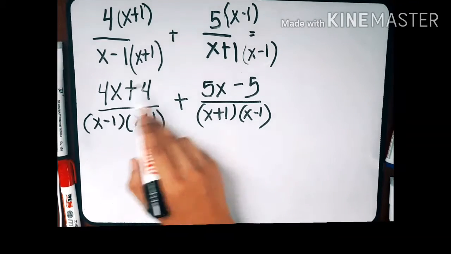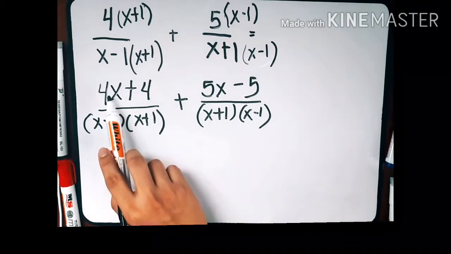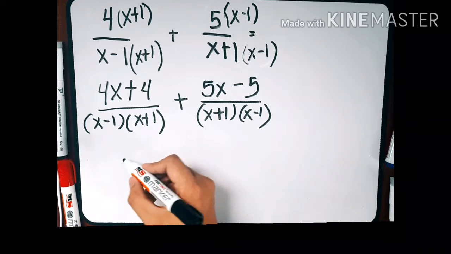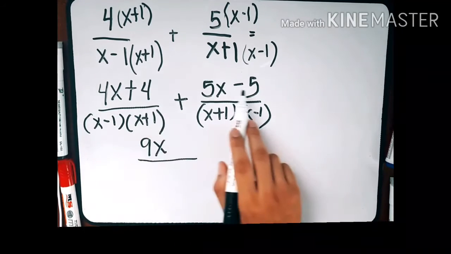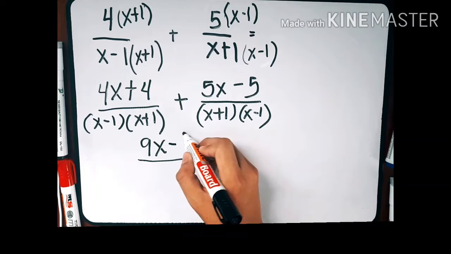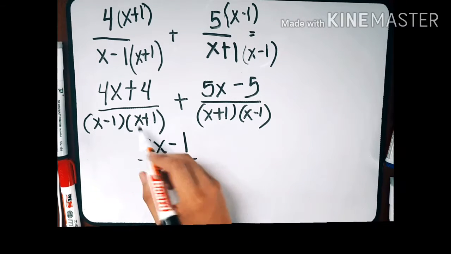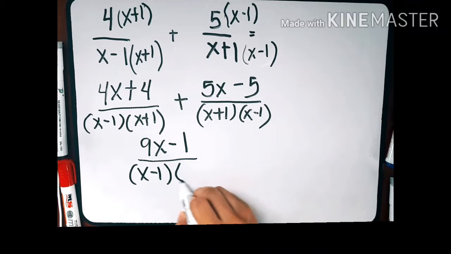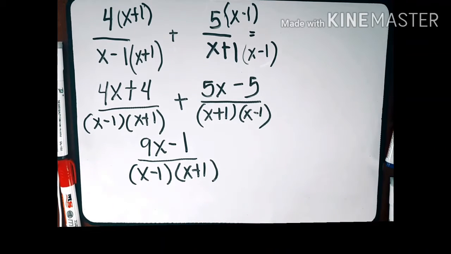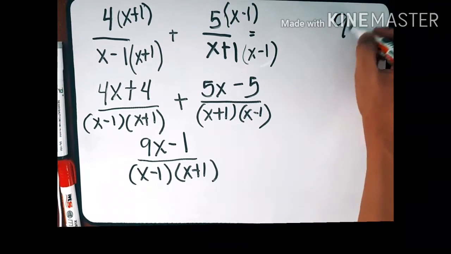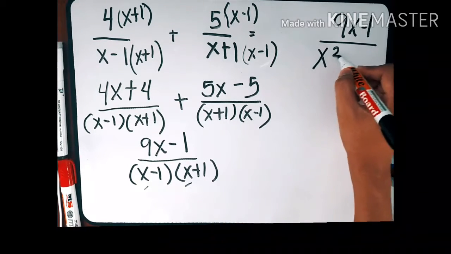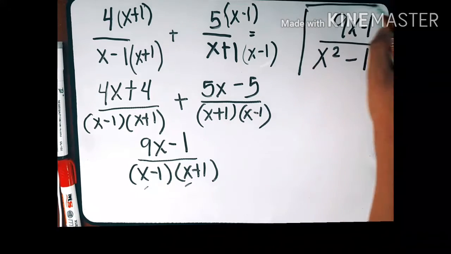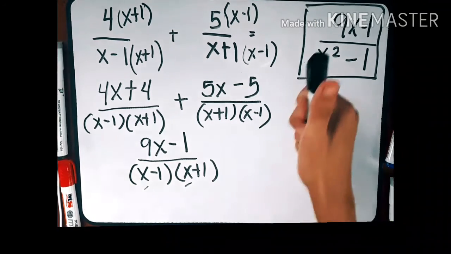Next is, pagsamahin lang natin yung like terms. 4x plus 5x is 9x and positive 4 plus negative 5 is negative 1 over x minus 1 and x plus 1. Ito, pwede pa natin siyang i-simplify, which is 9x minus 1 over x squared minus 1. Okay?